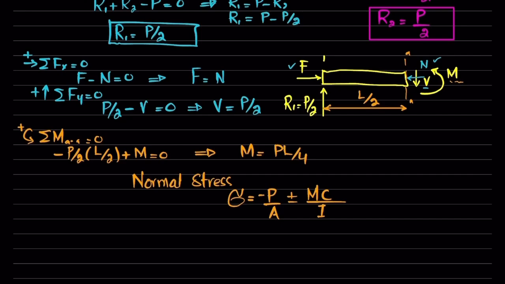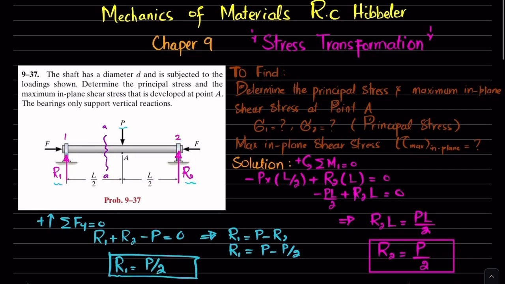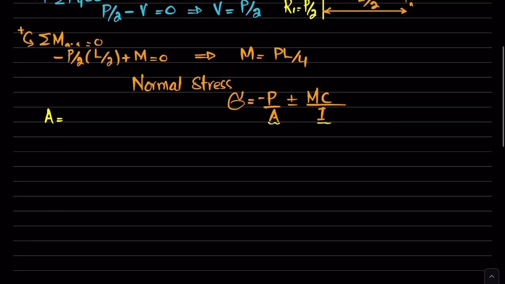Clear? Again, now what we will do is find the area and moment of inertia. We do not have the diameter, it's general, so it is given that the diameter is D. Clear? So the area of the circular shaft is pi by 4 D square.